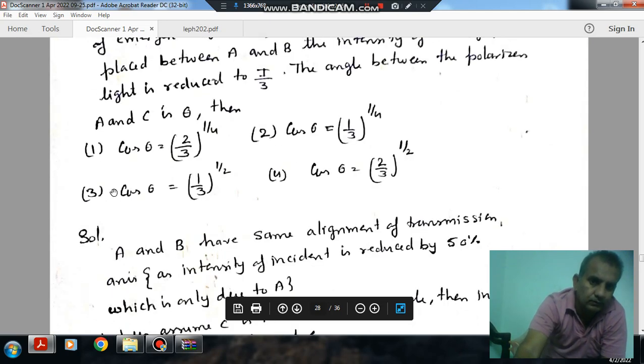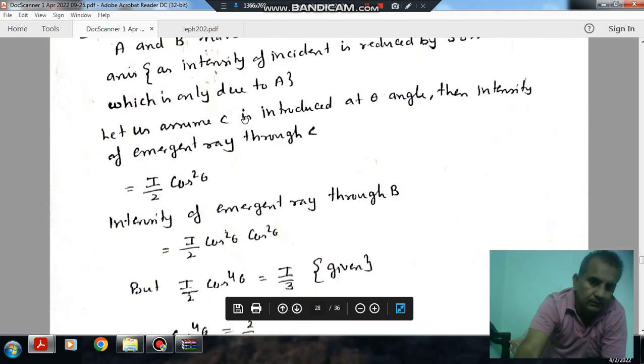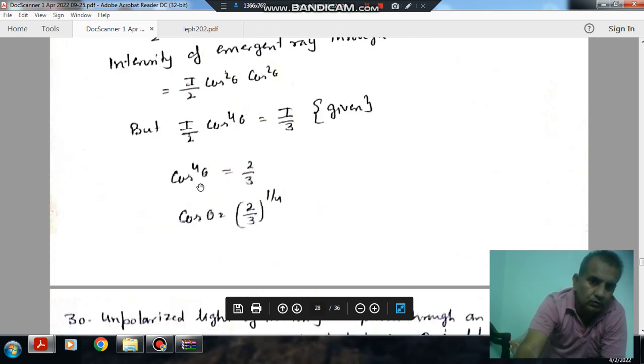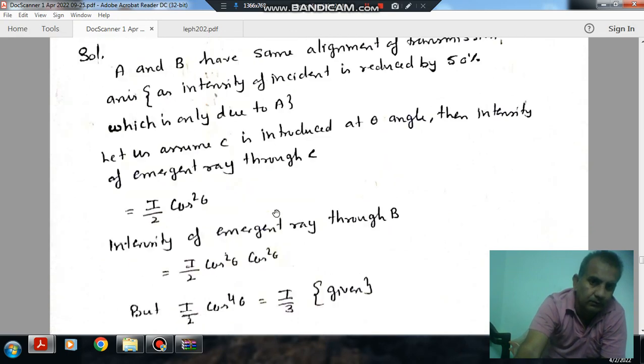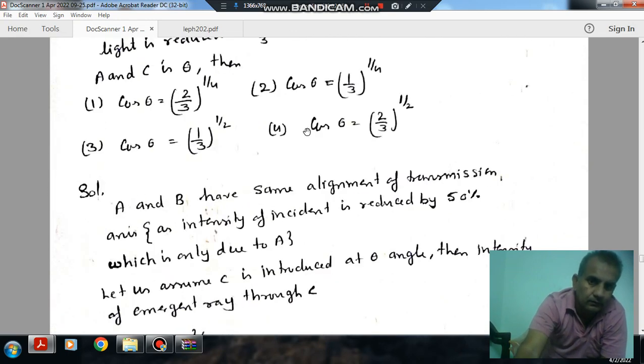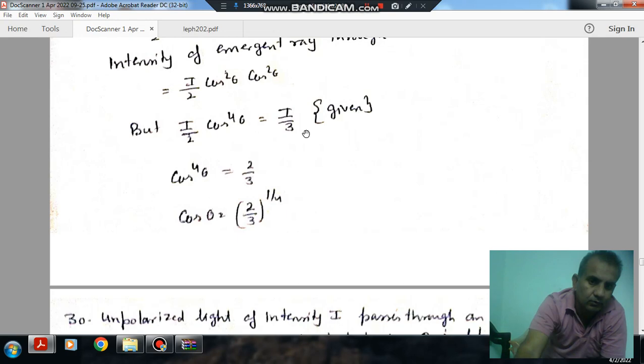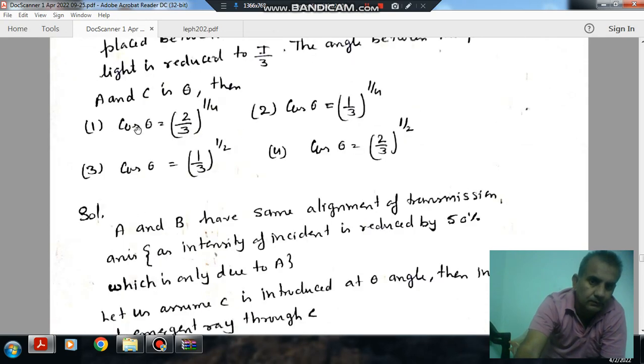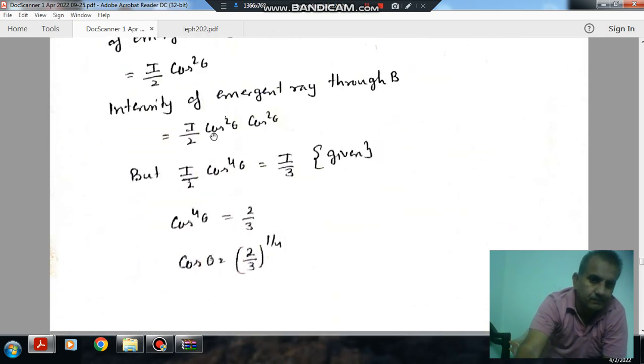That is equal to I by 3. So cos 4 theta is equal to 2 by 3, so cos theta is (2 by 3) raised to power 1 by 4. So the answer is 1.